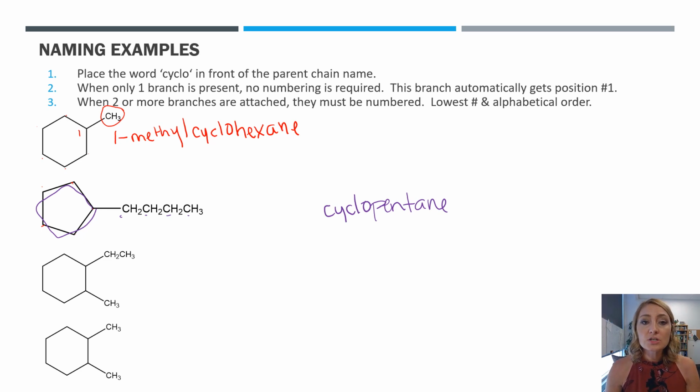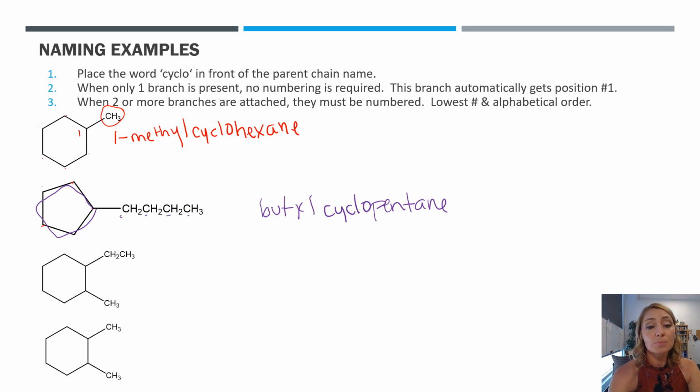So I'm going to use the prefix but, and I add yl to that, just like I did with meth-yl, methyl. But yl, or butyl, tells me that I have a 4 carbon alkyl branch coming off. So this is butylcyclopentane, all one word.